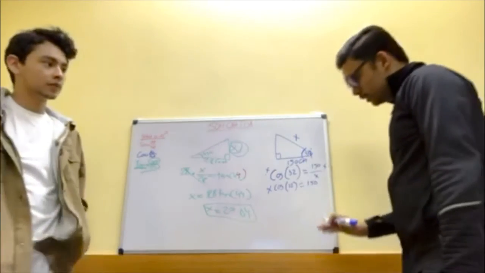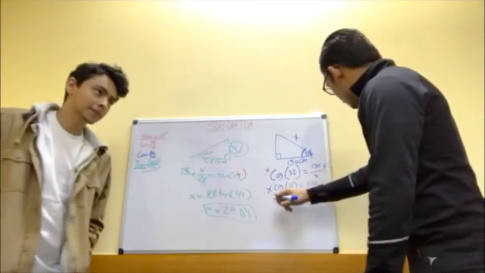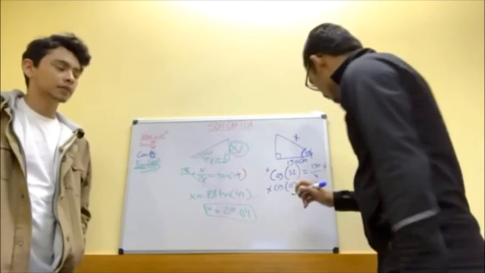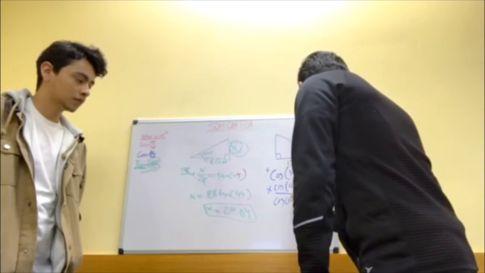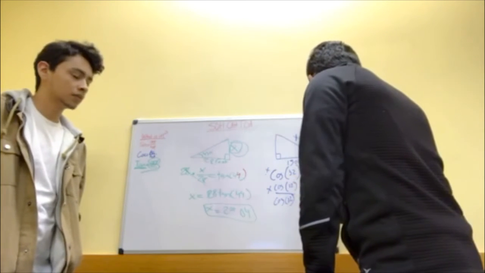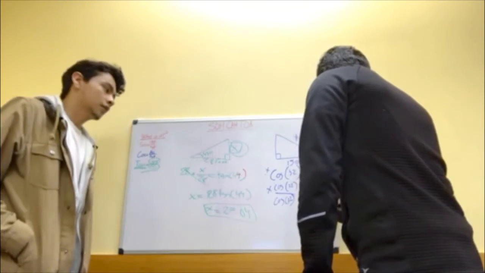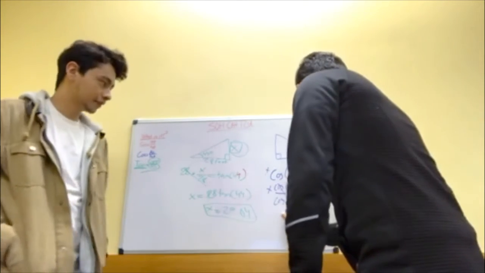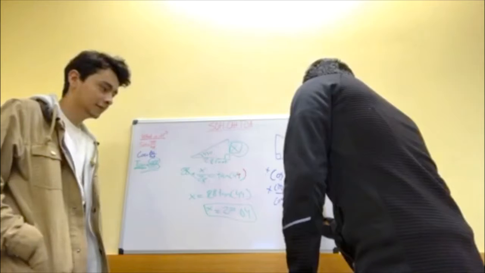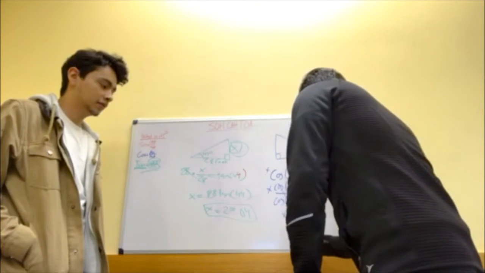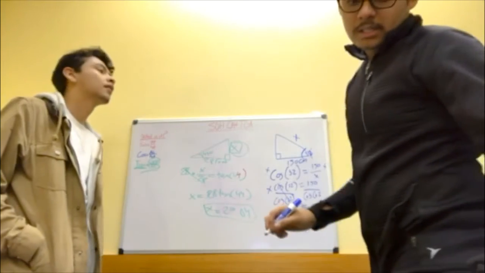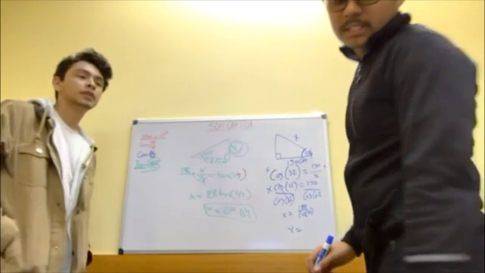So now all we're trying to do is get rid of this cosine, so that way we can have our x by itself. We're going to divide by cosine of 32 and divide here as well. So we can cancel this out. So we're going to be left over with x equals 150 over cosine of 32, which means x equals 176.90.